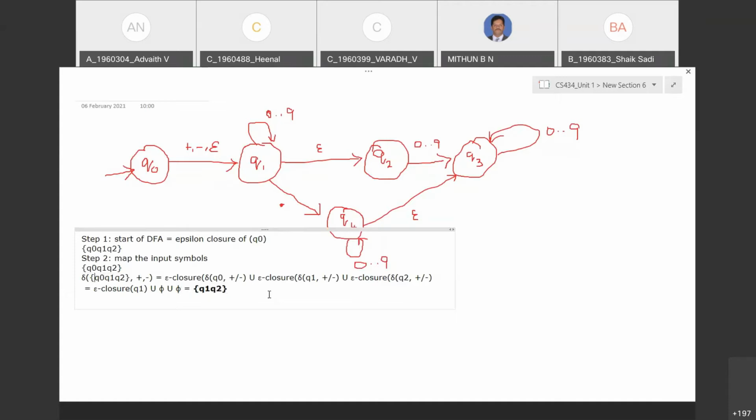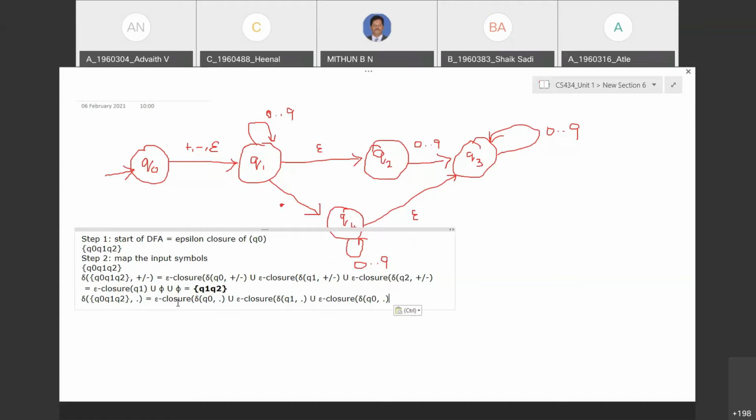We have done Q0, Q1, Q2 with plus minus. Now we need to do it with dot: epsilon closure of Q0 with dot, union epsilon closure of Q1 with dot, union epsilon closure of Q2 with dot. Q0 with dot has no transition, but Q1 with dot goes to Q4.